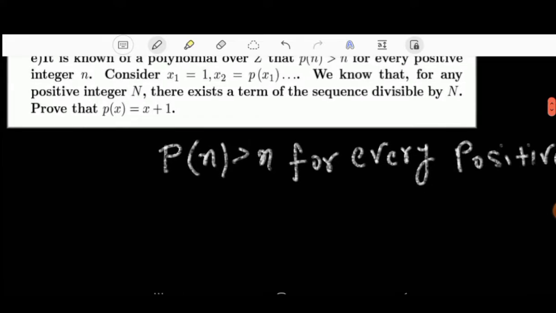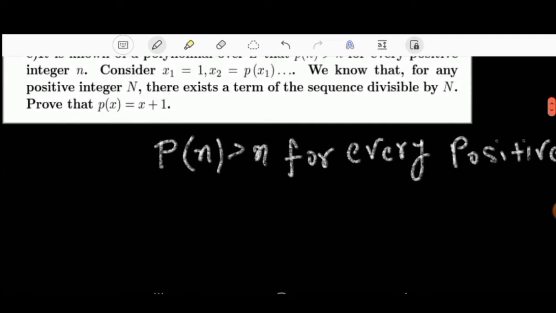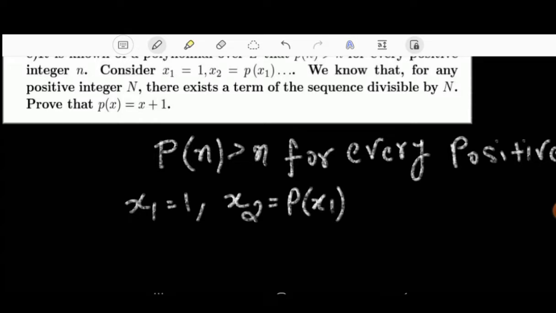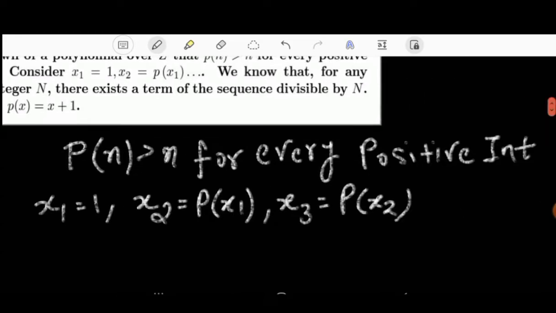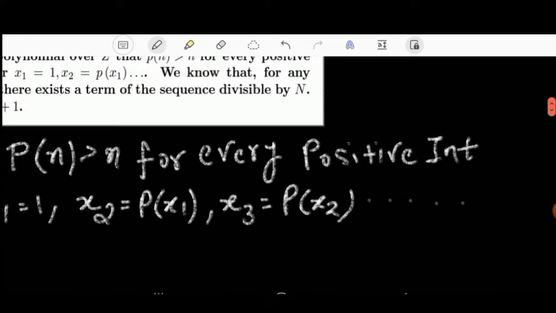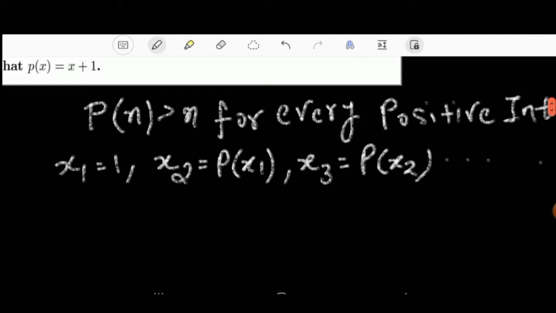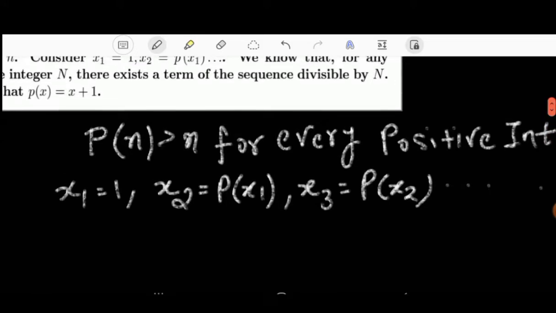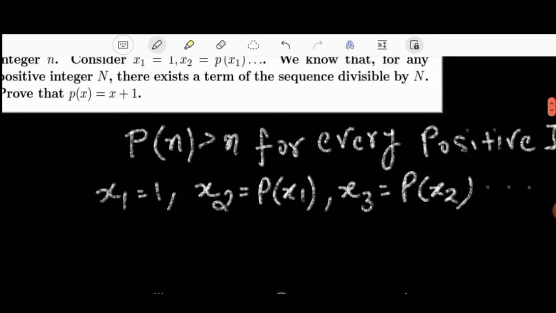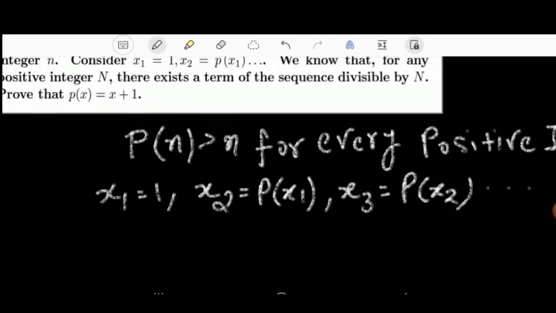And there we have a sequence: x1 is equal to 1 and x2 is equal to P of x1, and x3 is equal to P of x2, and it goes like this. So basically this is an infinite sequence, and each term of the sequence is a positive integer.